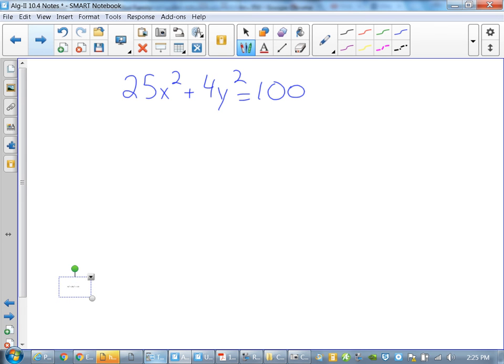So I start this one out, I have 25x squared, then I have a 4y squared, and it equals 100. What do you think your first step is going to be? Divide by 100, good. So if you divide everything by 100, notice we're not subtracting 99.